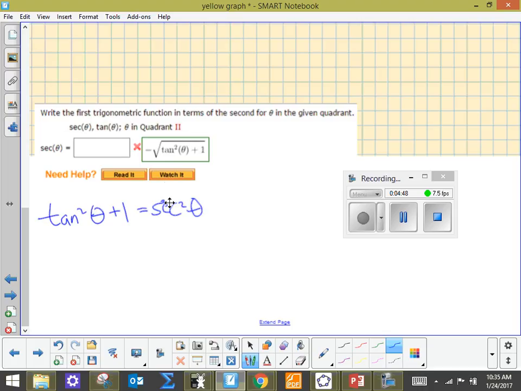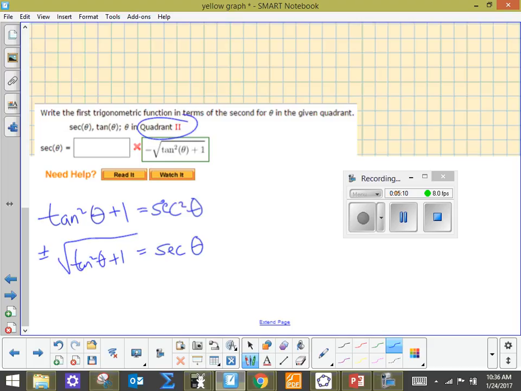So we're going to solve for secant in regards to tangent. Okay, so if I look at this, so secant's already isolated, just take square root of both sides. So I have secant of theta is equal to plus or minus the square root of tangent squared theta plus 1.